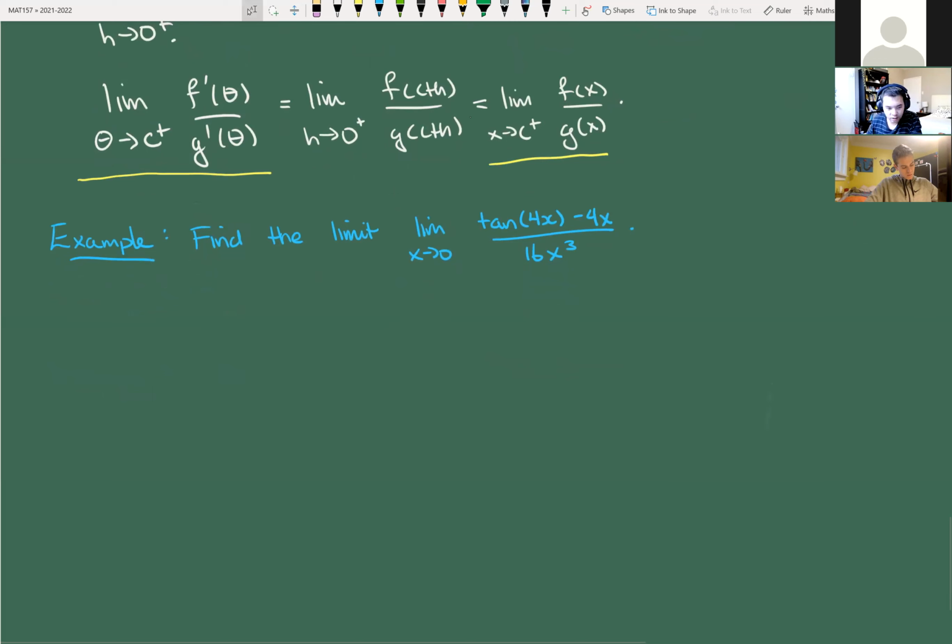Again, you can imagine this is probably pretty tough to do, but with L'Hopital, it ends up becoming much quicker. All right, so both numerator and denominator clearly go to 0.